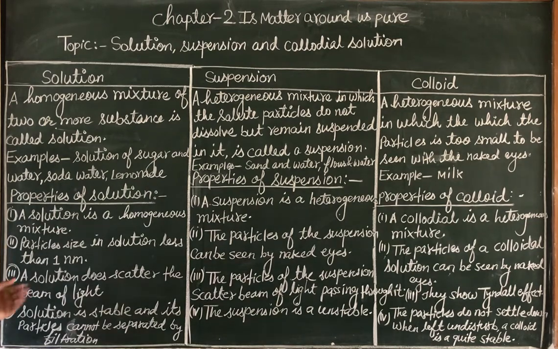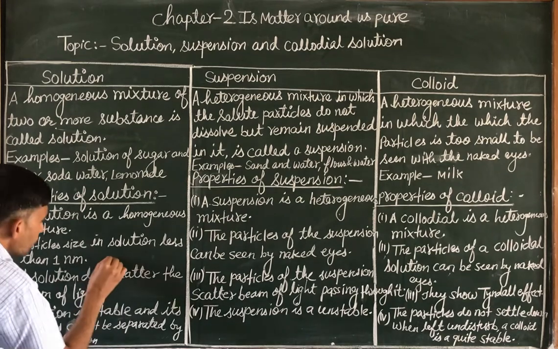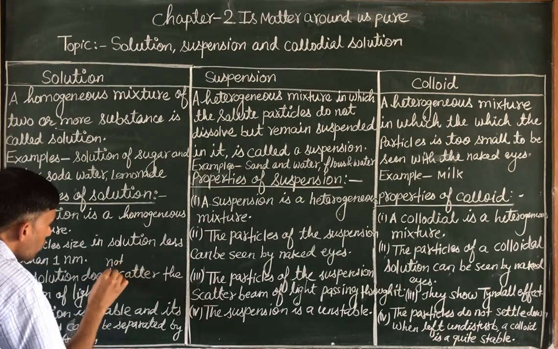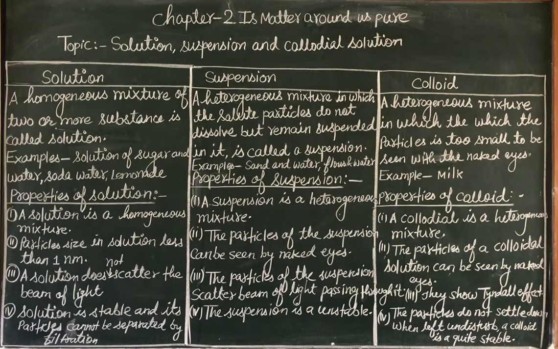Third point is, if you allow a beam of light through a solution, the solution does not scatter it; the beam of light passes through it. It is because the particle size in a solution is very small, so it does not show the Tyndall effect.